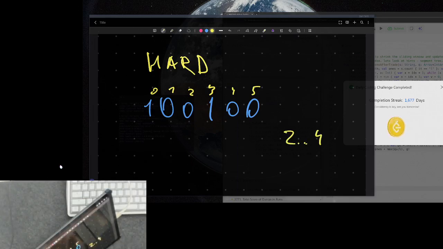For example, query from 2 to 4. This is a range, and we find the maximum connections of two islands of zeros that we flip to ones, and then we count how many ones we have in total.